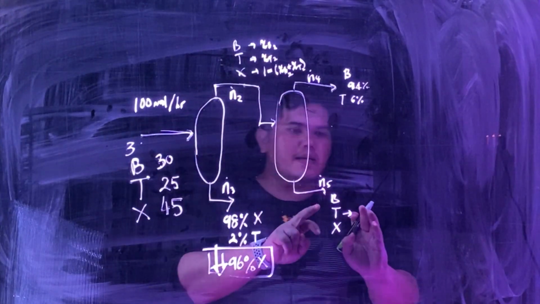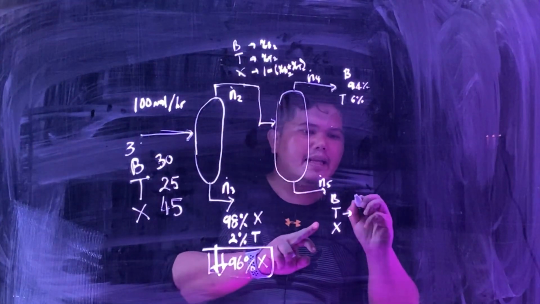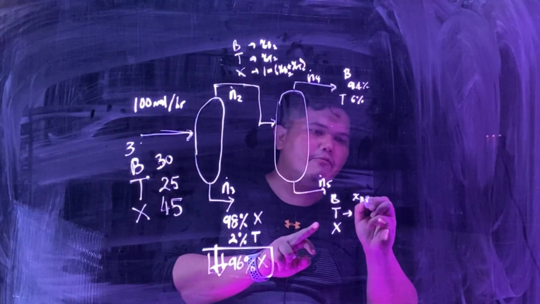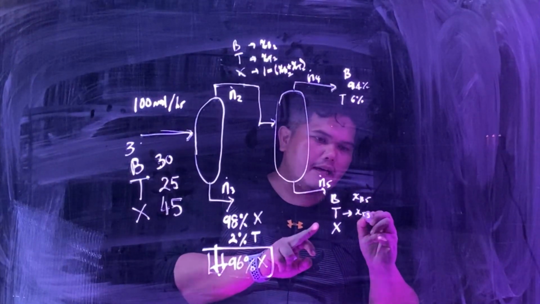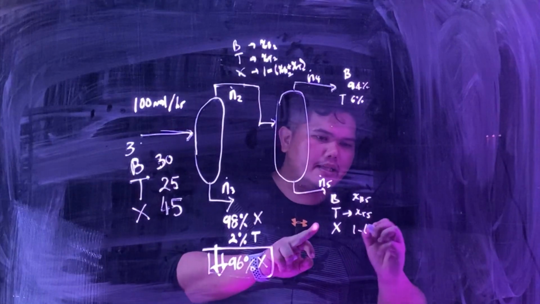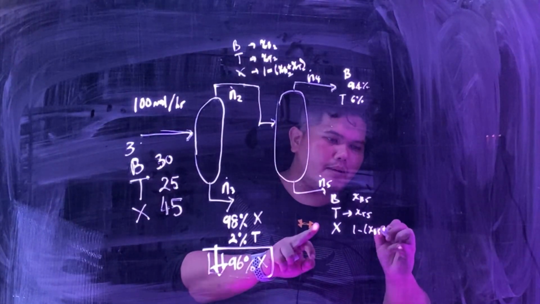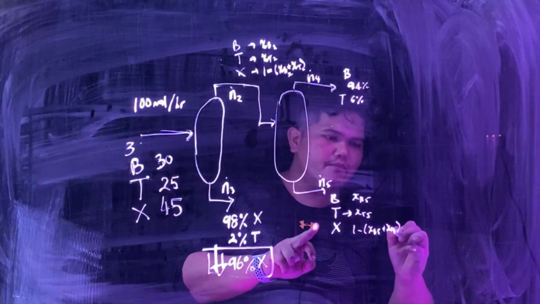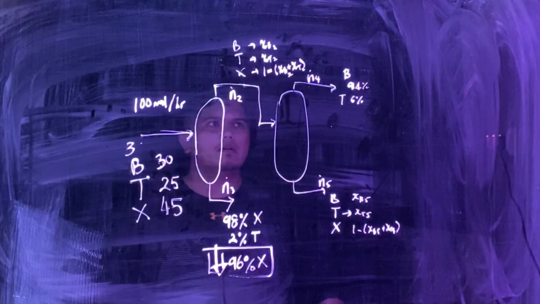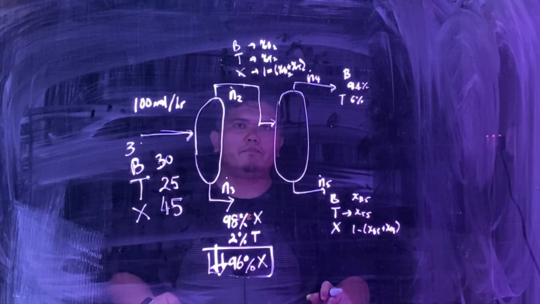Maybe for this one, which is also unknown, we can label it as XB5, XT5, and 1 minus (XB5 plus XT5). So how do we solve this problem?